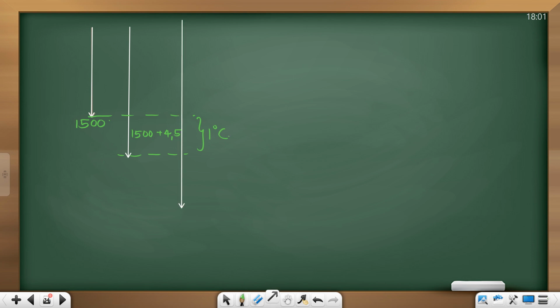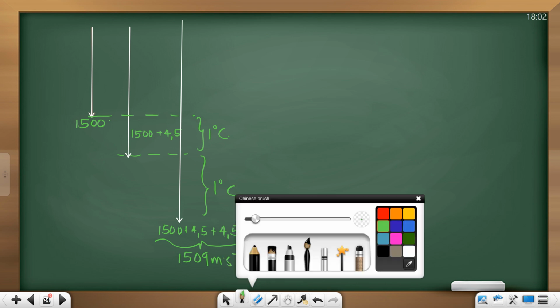If we go another 1 degree, another 1 degree rise, what are we going to have? The old one is 4.5. We've gone another 1 degree. For every 1 degree that we go, it's 4.5. So what do we have? 1509 meters per second. Does that make sense now to you?